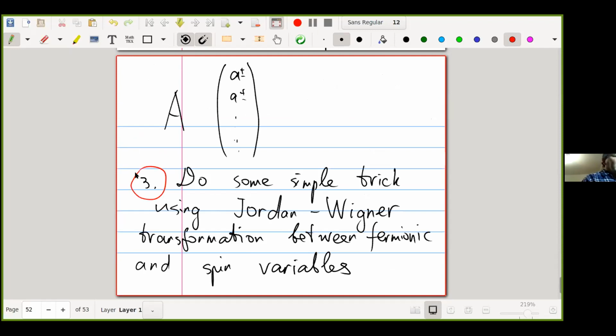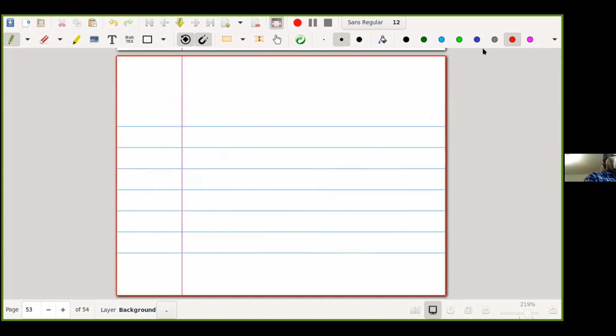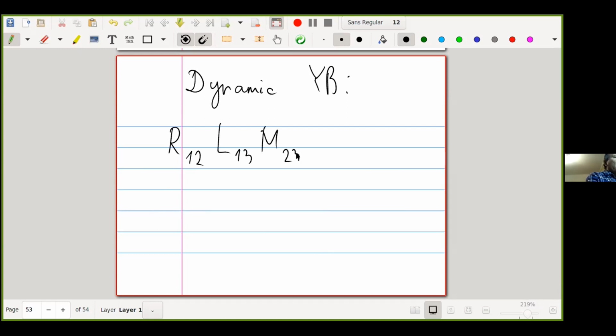When you have done these three steps, you obtain from direct sum Young-Baxter, quantum dynamical Young-Baxter. Simple Young-Baxter is like this, and dynamical means that there are some different guys here.